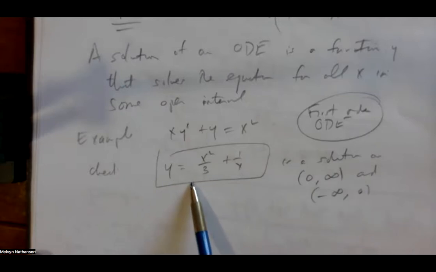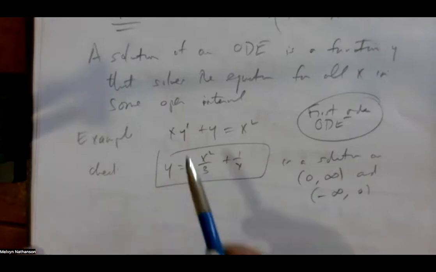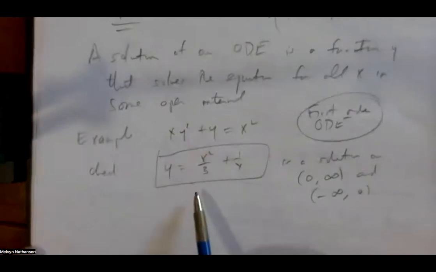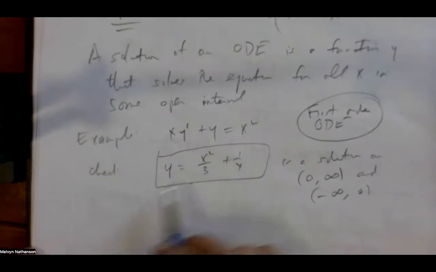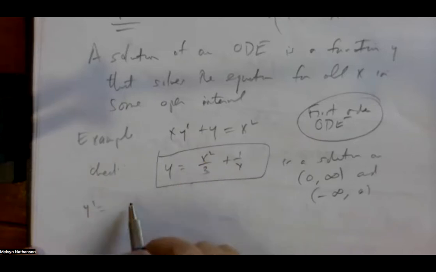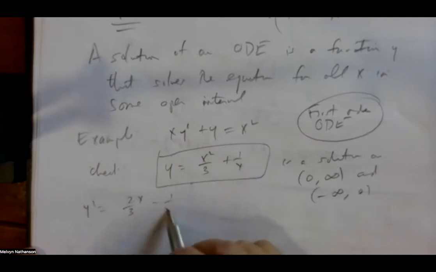Why is this a solution? You might say, how did I get this? Well, you'll learn very soon, within a week, how to solve this equation yourself. But if you're given a solution and told that it's a solution, you don't have to believe the person who's telling you that. You shouldn't, in fact. You need to check. So if I take this function and I differentiate it, y prime is equal to, the derivative of x squared over 3 is 2x over 3, and the derivative of 1 over x is minus 1 over x squared. So y prime is equal to this.